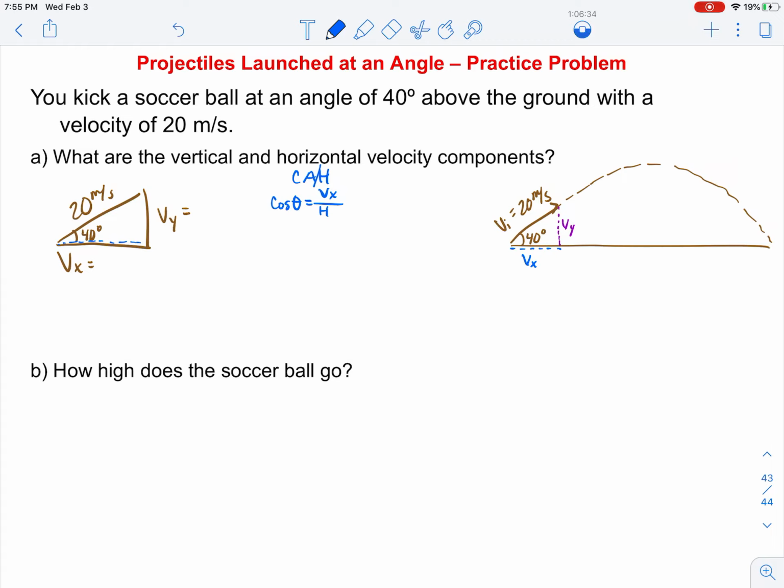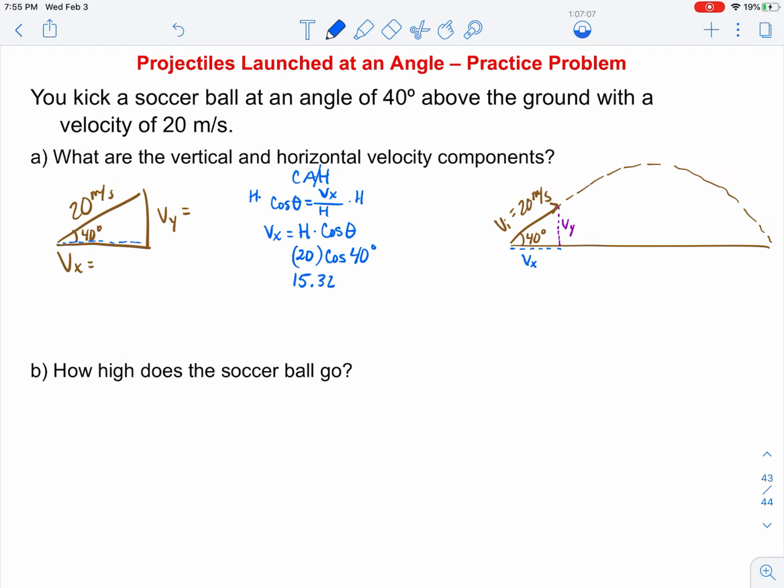When I do my algebra, I find that the horizontal velocity is calculated by taking the hypotenuse of my right triangle times the cosine of theta. So I am going to take 20 times the cosine of 40 degrees. You need to make sure that your calculator is in degrees. When you plug this into your calculator, you get an answer of roughly 15.32.